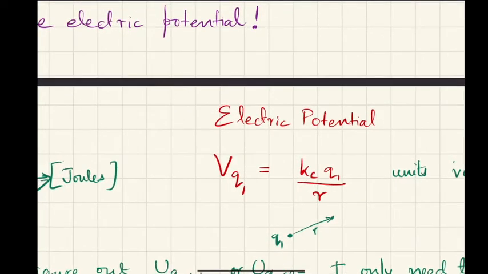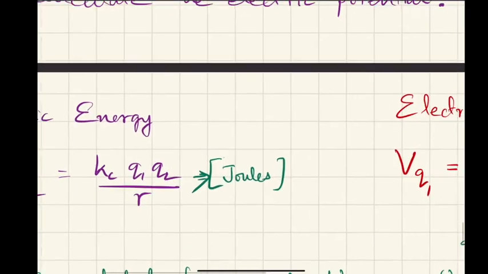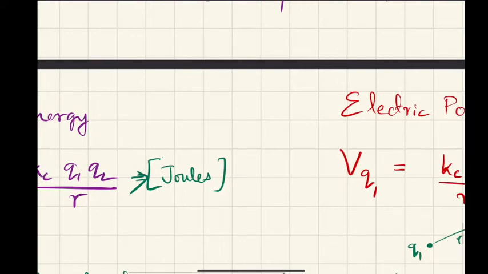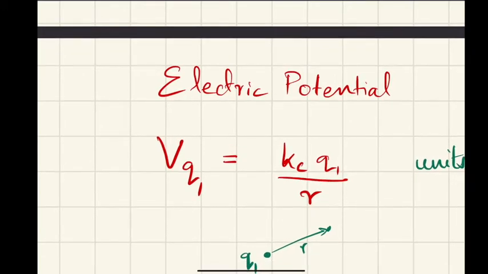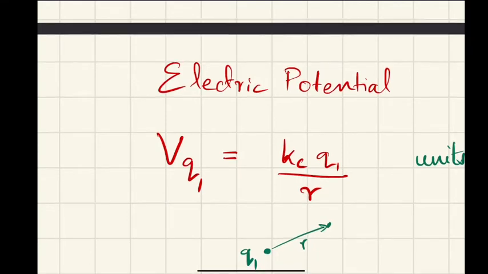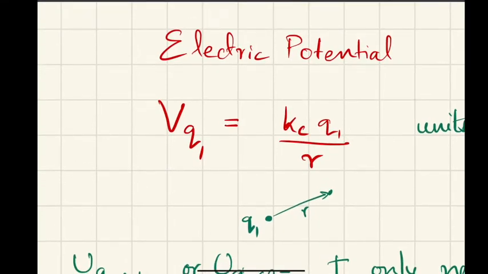Note the slight difference in the use of r. Before, r was just the distance between two charges. Here, r denotes some space point that you're interested in, where you want to know the potential. V of Q1 is in fact what we refer to as a scalar field.